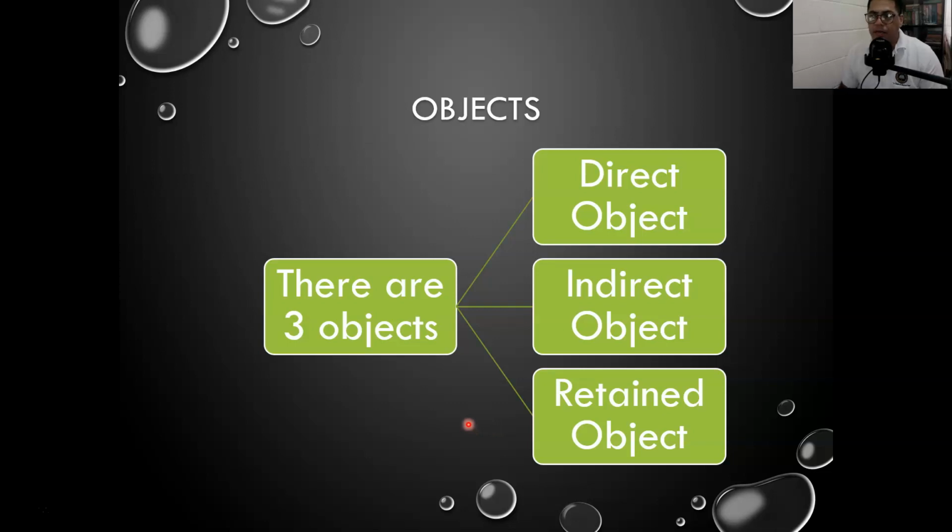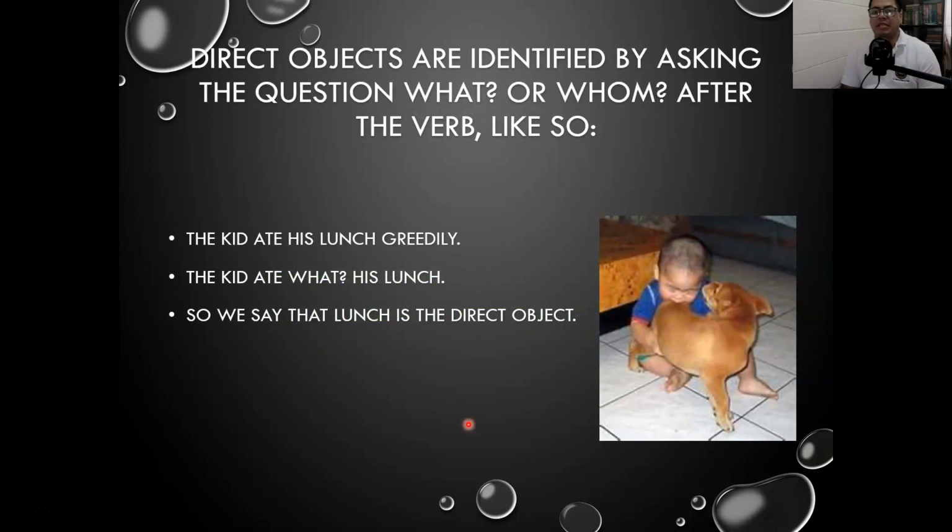A quick recap about direct objects. Direct objects are the recipient of the action, right? Whatever action the subject performs falls on the direct object. Remember that not every sentence is going to have a direct object, for reasons that we discussed in previous videos.